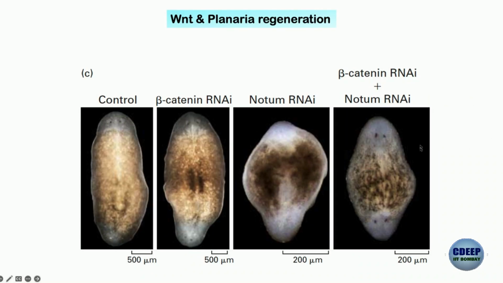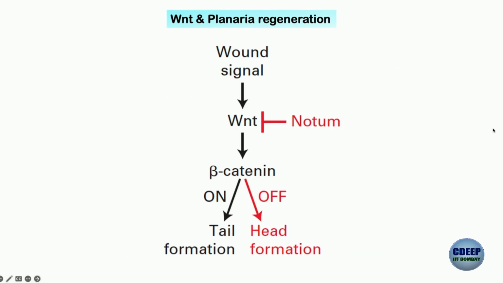So they have put it in perspective that whenever the Wnt signaling pathway is active, Wnt gets secreted and forms beta catenin. When beta catenin is there, it will form the tail. When beta catenin is not there, it will form the head. If you have more and more beta catenin, it will form only a tail and no head. So this is the whole dynamics of Wnt signaling.